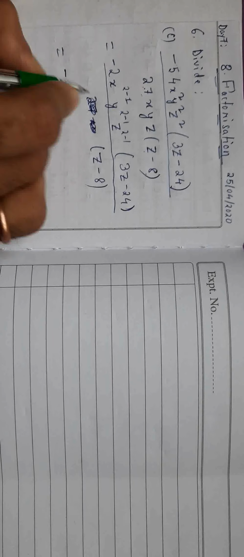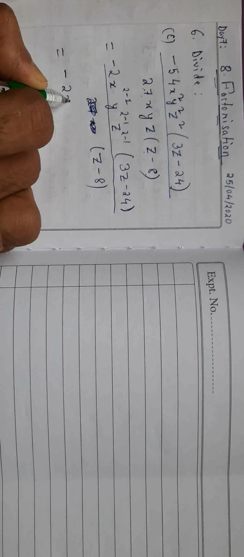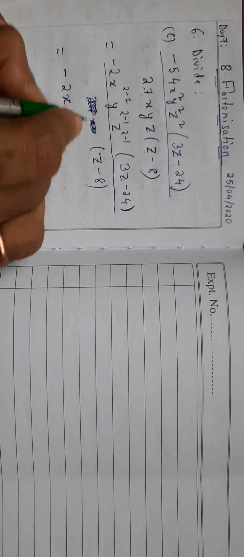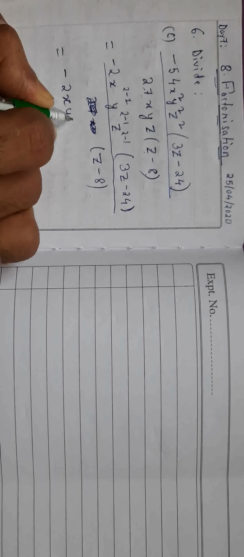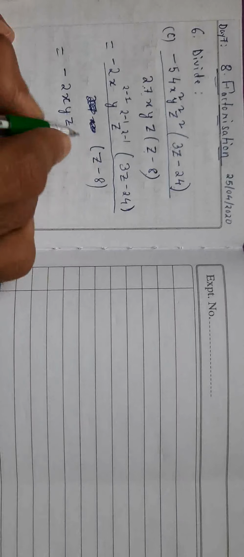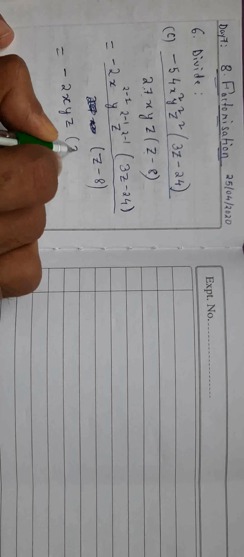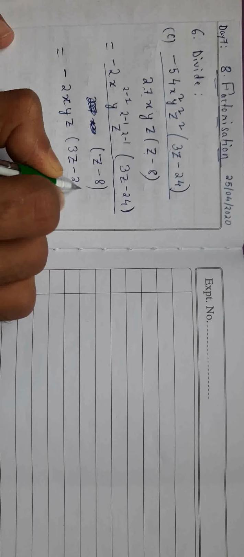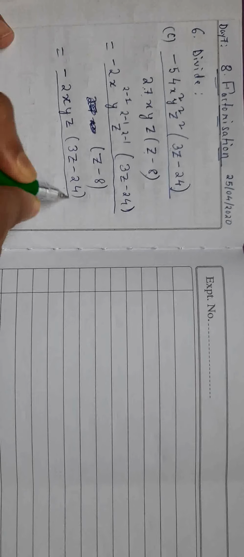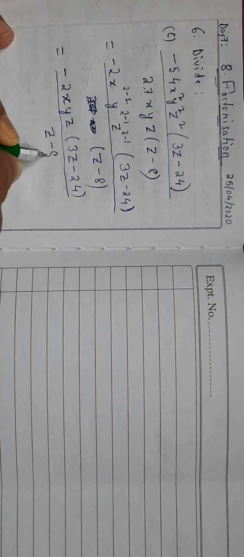Now the numerator becomes minus 2, x to the power 2 minus 1 means x, so minus 2 x y and only z within bracket 3z minus 24, whole thing divided by z minus 8.